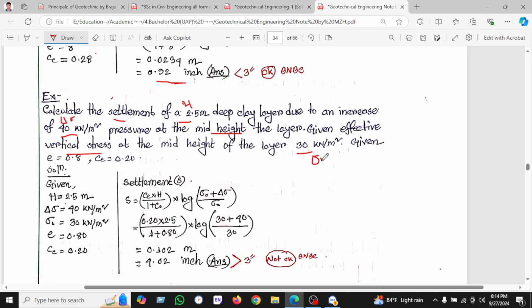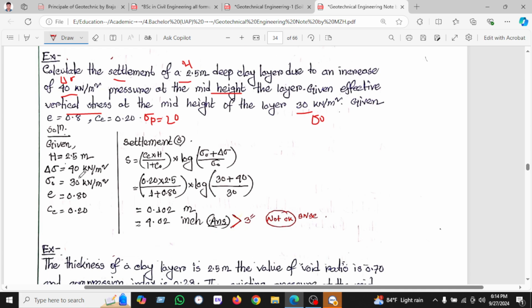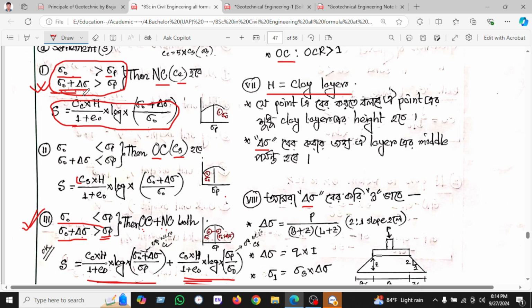Sigma naught is given, and E equal to 0.8 and CC are given, and another data is missing, which is pre-consolidation. Let's say it is 20 kilonewton per meter. So you can see 30 is greater than 20, and 30 plus 40, which is 70, is greater than 20. So this criteria is fulfilled.